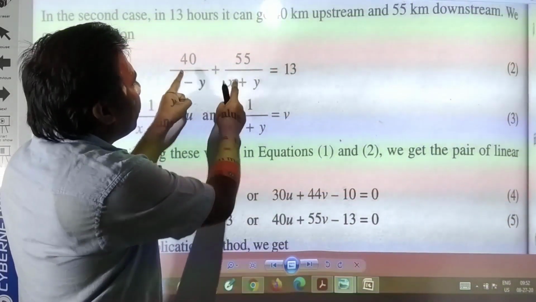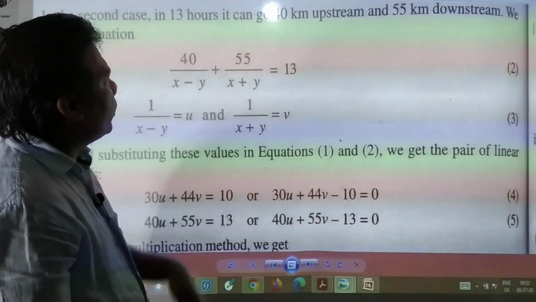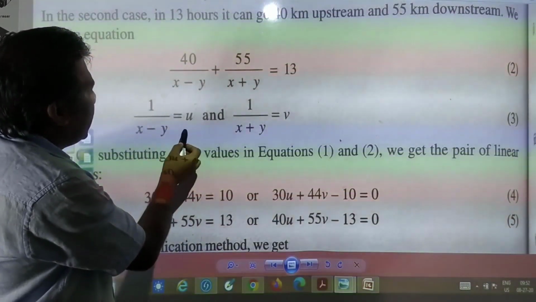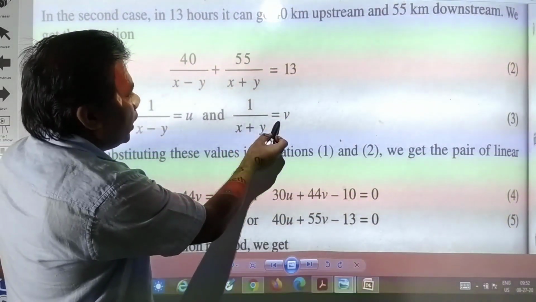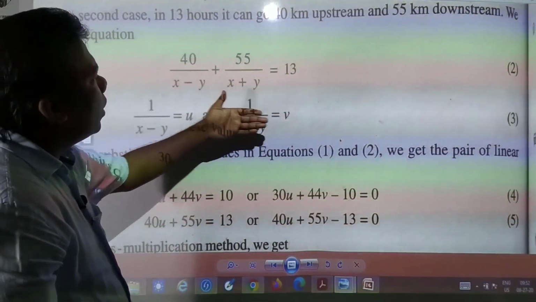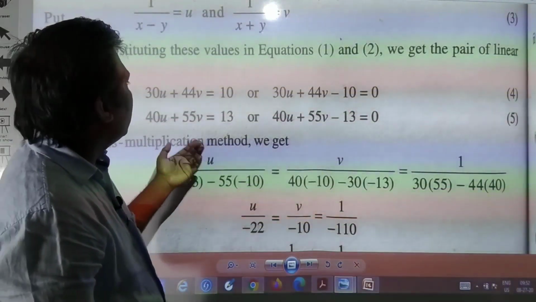When you add both, it takes 13 hours. This will be your second equation. Now you need to simplify. So 1 by x minus y has been assumed u, and 1 by x plus y has been assumed v. Now this is required to be written in linear form. So you will get two equations.